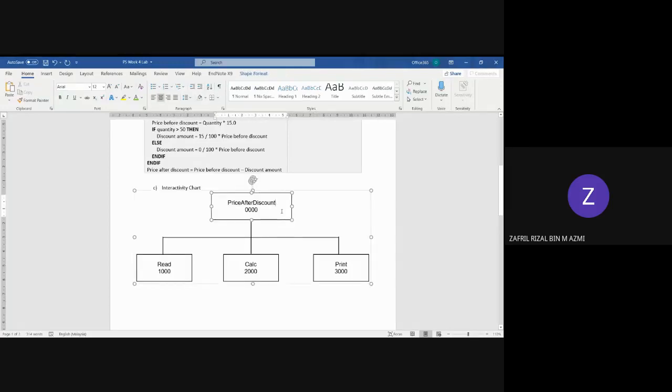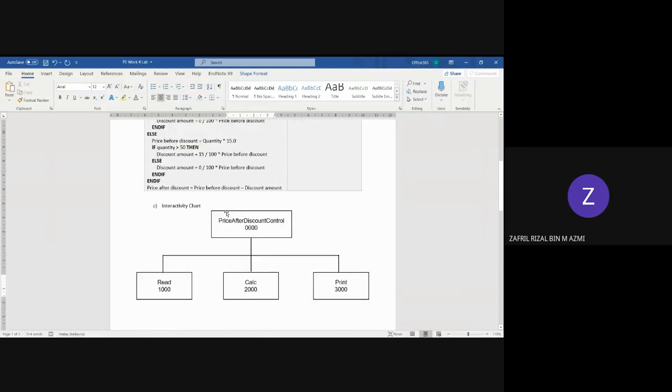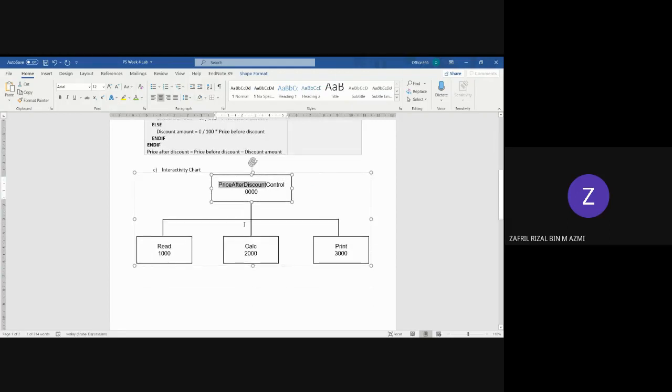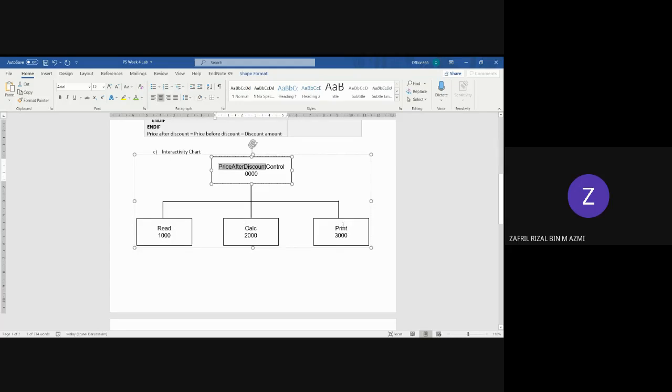So you need to put control, and you don't have to put the numbers also. Name only is correct. The price after discount control. The name should reflect the system name. If you put like this, okay? Read, calculate, print, you will get full marks. No problem.